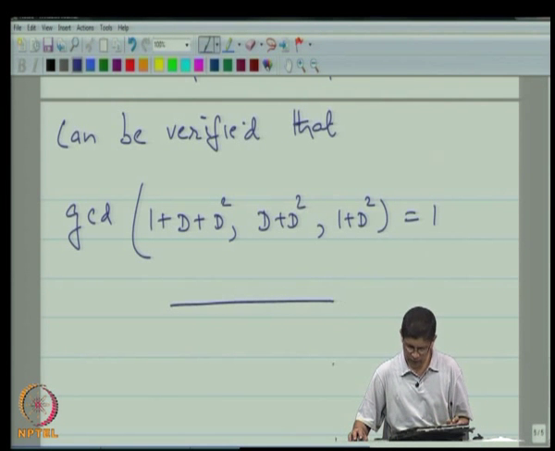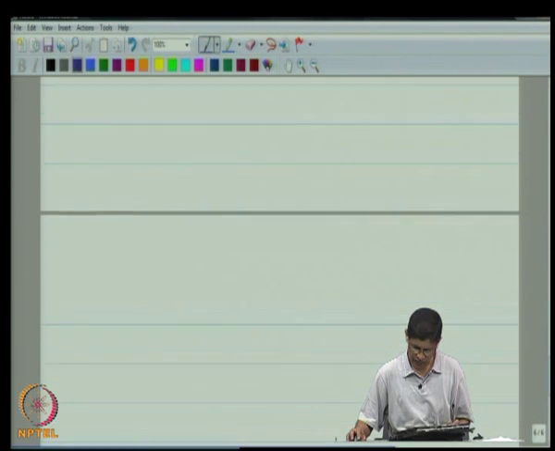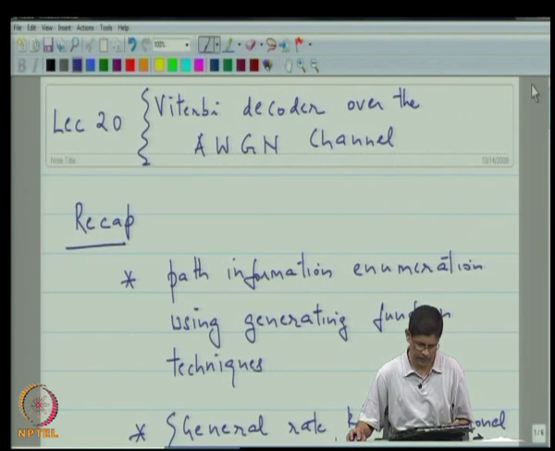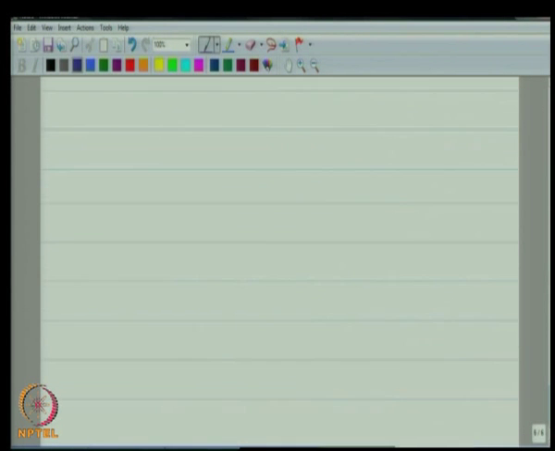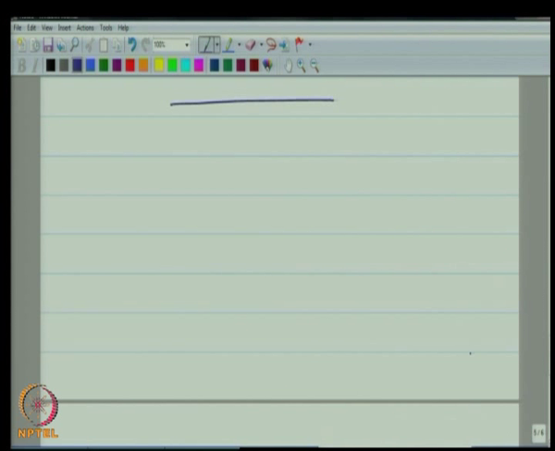Now, the other topic on convolutional codes, and this is the title of our lecture, is how do you do Viterbi decoding over an additive white Gaussian noise channel.